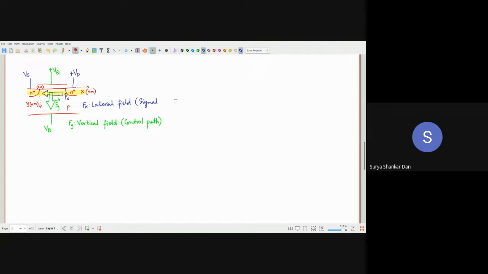Let me also write that. That is the current. Just look at the distinctions. The lateral field leads to transport of the carriers, that means current, whereas the control path leads to inversion.